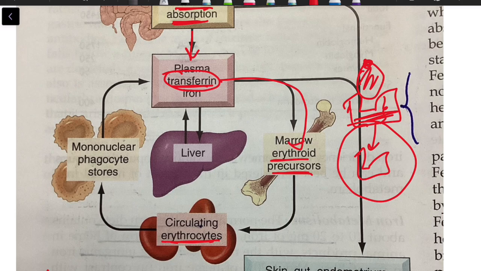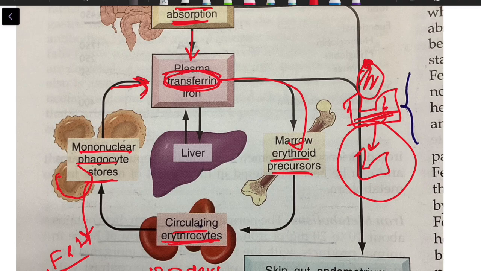The circulating erythrocytes, when they die out after 120 days, are consumed by the macrophages, which eat the RBCs, degrade the hemoglobin, and release the iron. Now this iron is stored in the form of ferritin in the macrophages, and some of it is also released in the iron form, which binds to transferrin, and again this cycle occurs.